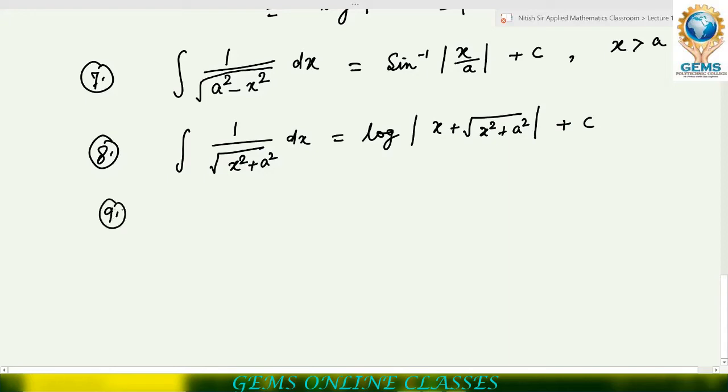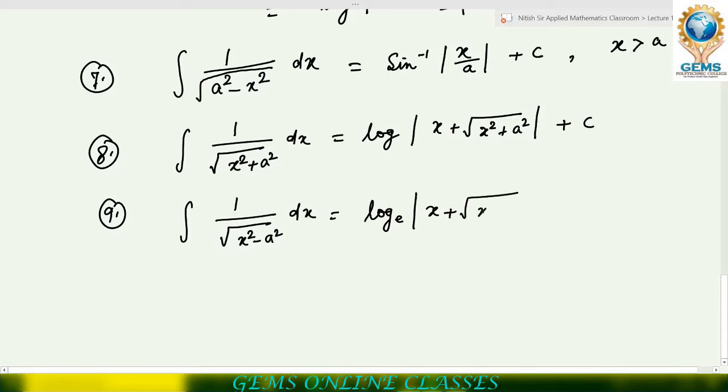Next formula is integration of 1 by root under x square minus a square dx equal to log e x plus root x square minus a square plus c.